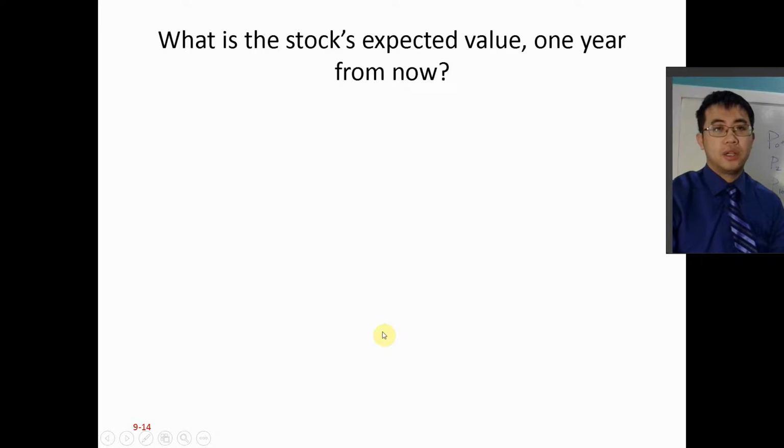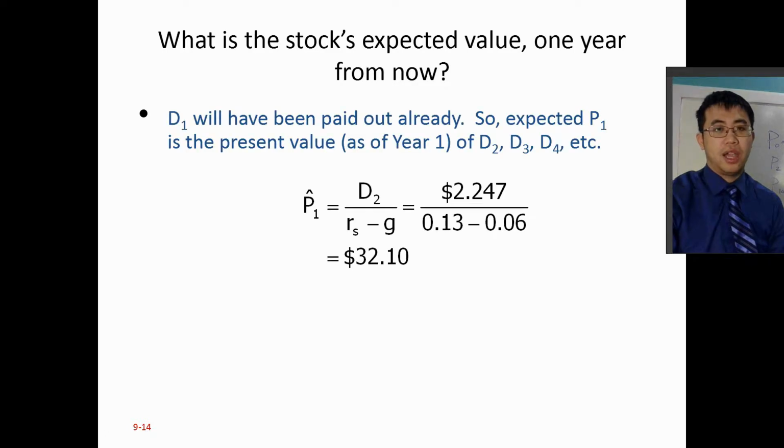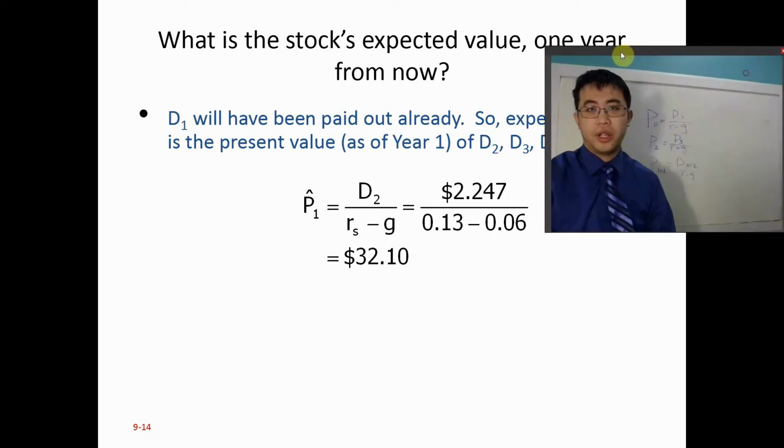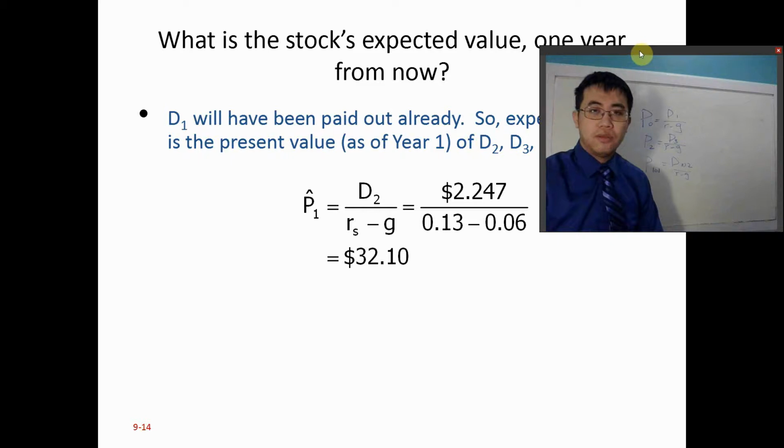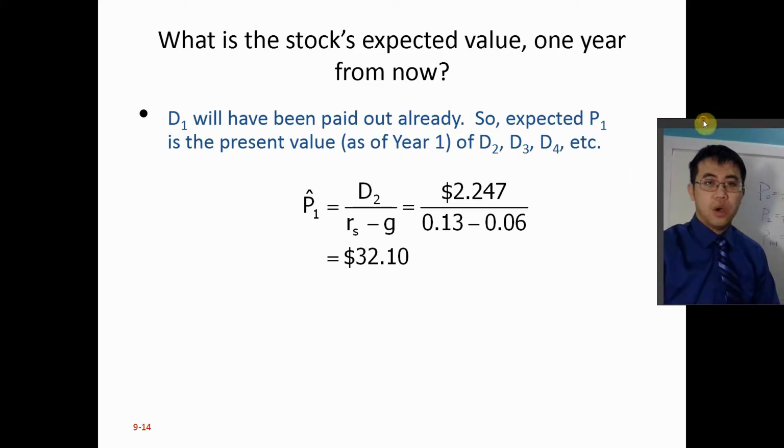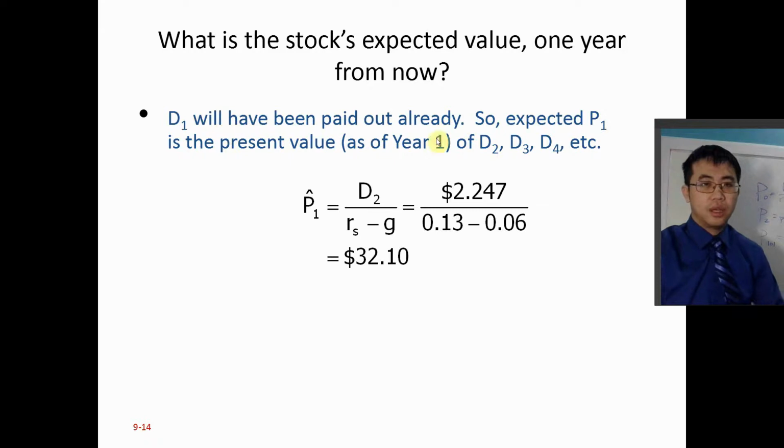So what is the stock's value 1 year from now? As I wrote earlier on the board, this is something you should be able to derive. The dividend is always one period after the price. So if you are trying to solve for price 1, you should use dividend 2. The stock value 1 year from now does not incorporate dividend 1, because the moment you buy the stock at price 1, dividend 1 is already paid out.